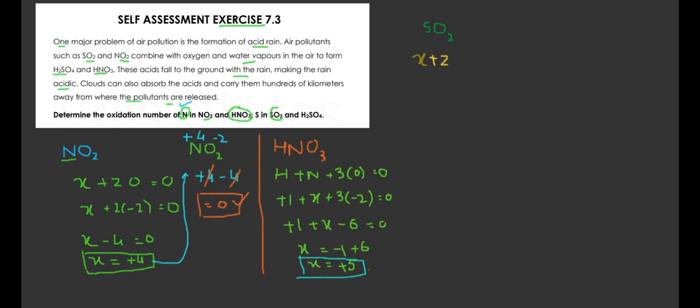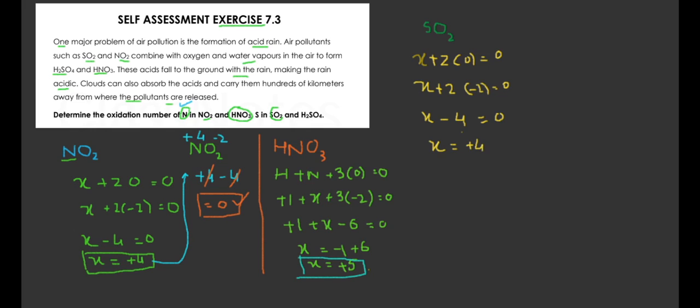So 2 into oxygen, and as a whole it is equal to 0. So X plus 2 times -2, you will get -4, and that is equal to 0. You have to multiply 2 by -2, you will get -4. So once this -4 moves to the other side of the equation, what will you get? You will get +4.